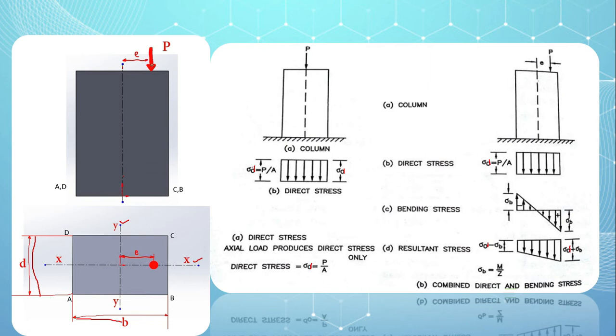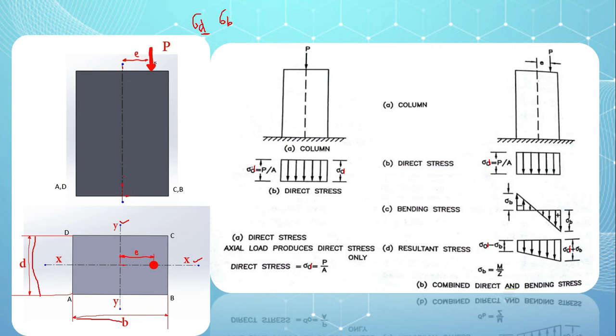This force P can be shown in top view by this point. As this force P is eccentric, in this case there will be two stresses, sigma d direct stress and sigma b bending stress.